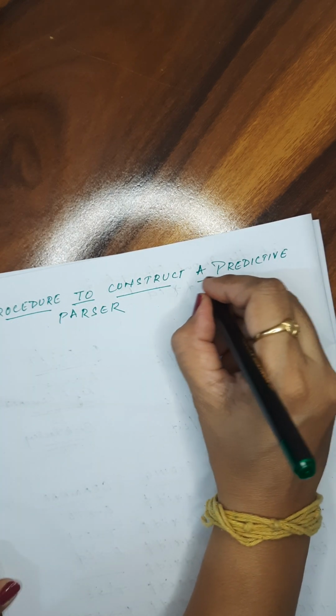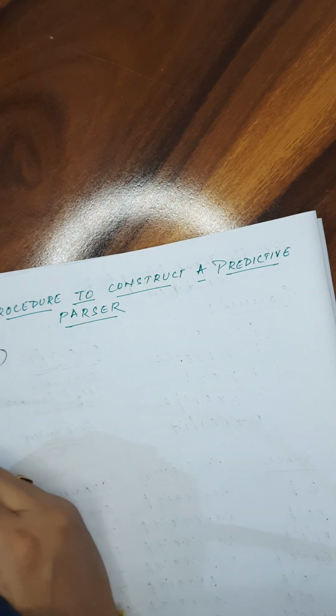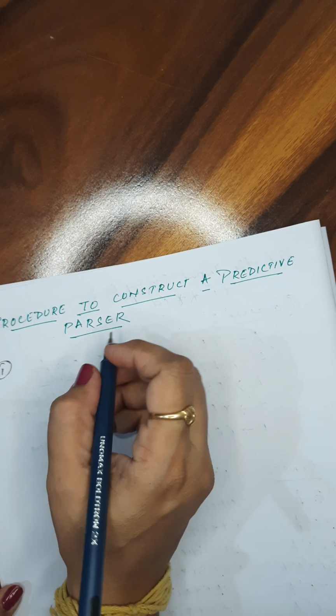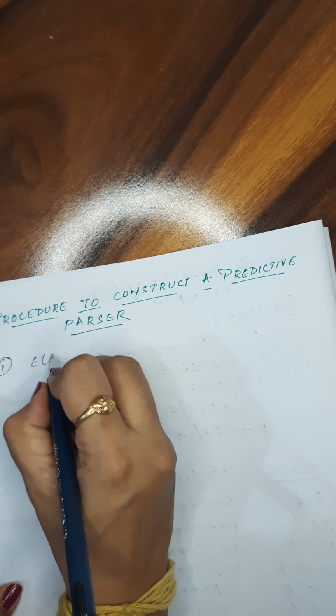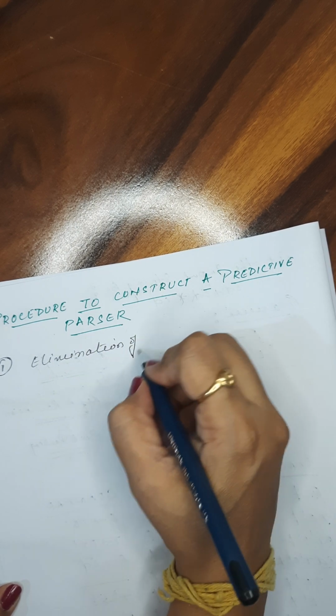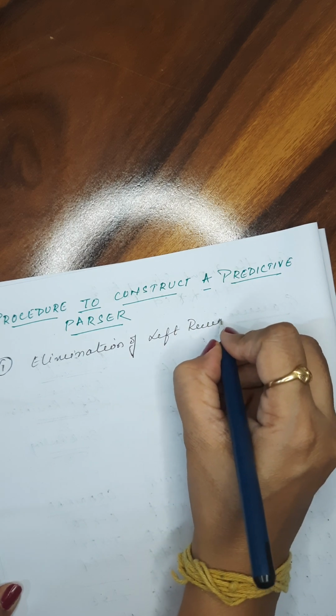Okay. These steps we have to follow to construct a predictive parser table. First step, as I told you previously, the grammar has to be free from left recursion and backtracking. So the first step is elimination of left recursion.